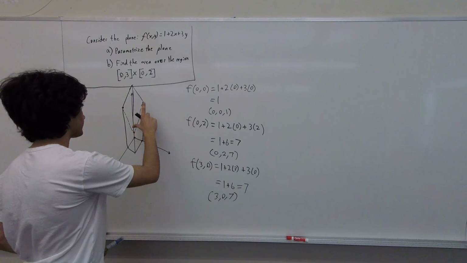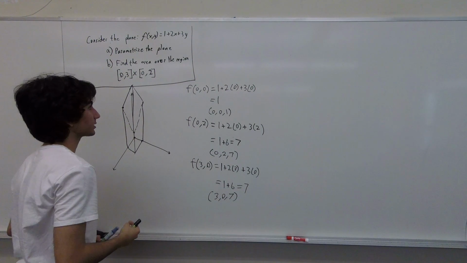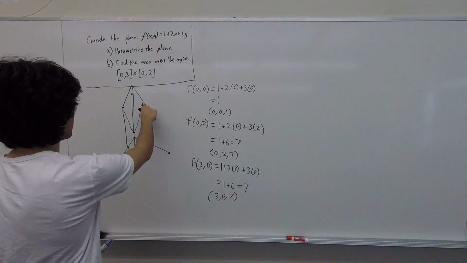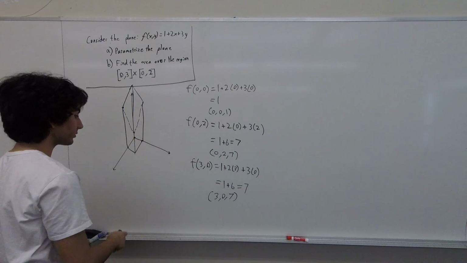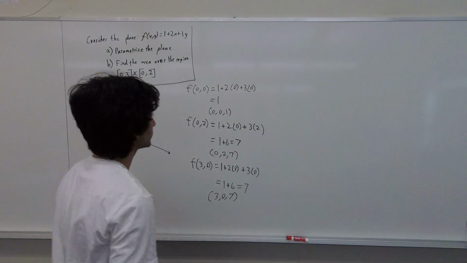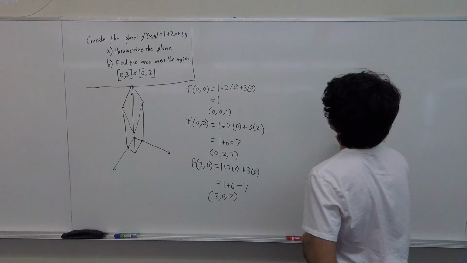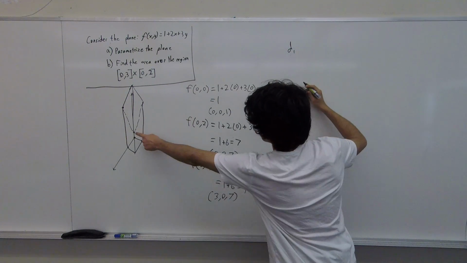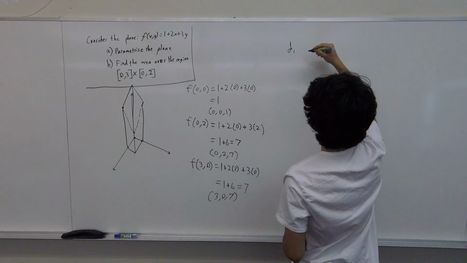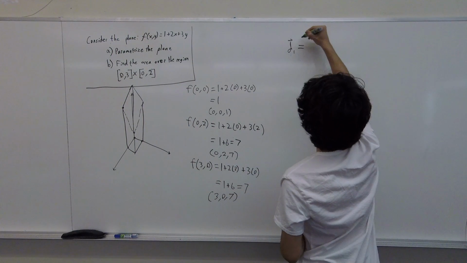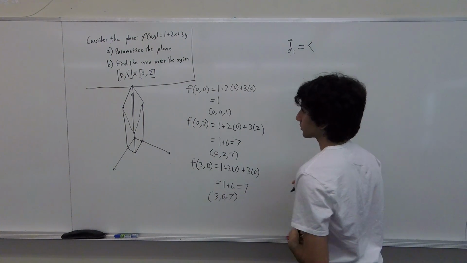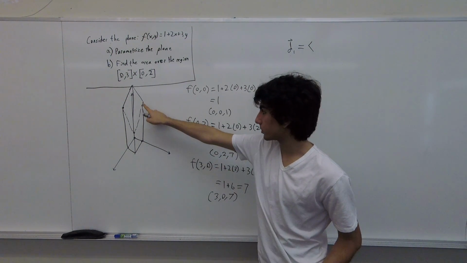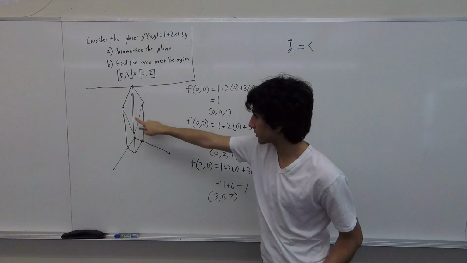Well, let's first find the values of these vectors. We know this point, we know this point, and we know this point, so this should be relatively simple. The first one I'll call D1, will be from here to here. And we just want to take the difference between the vector representation of this point and this point.